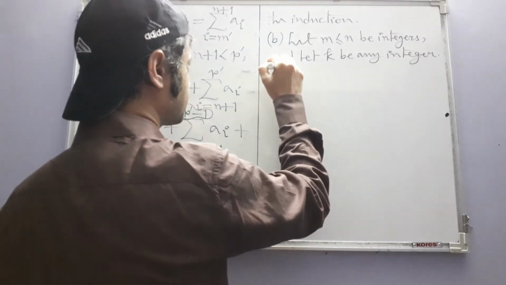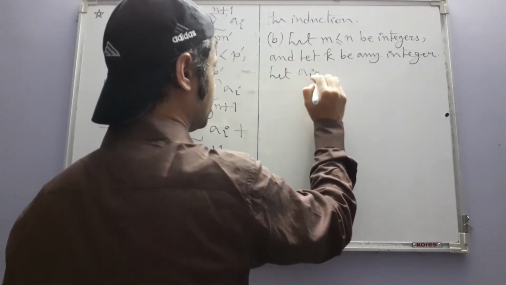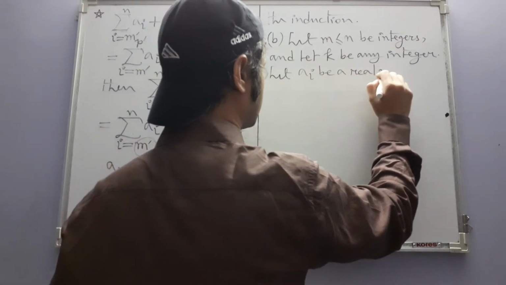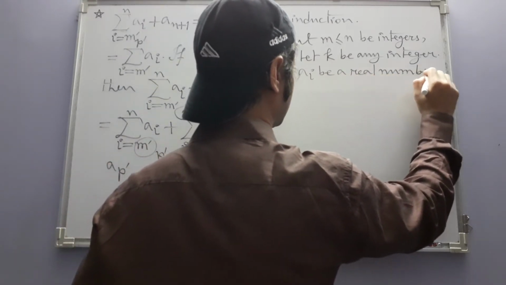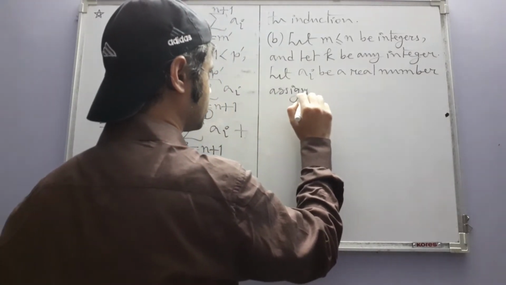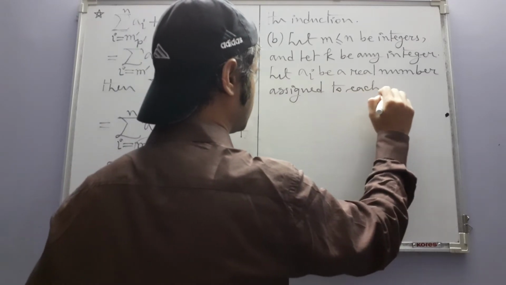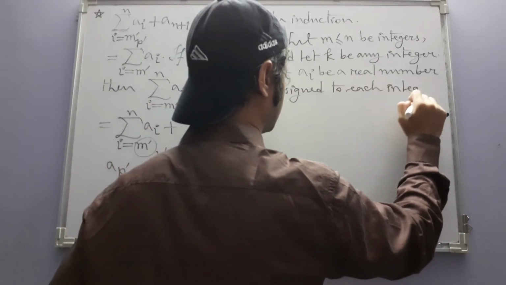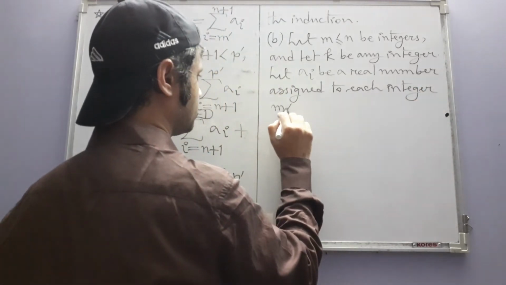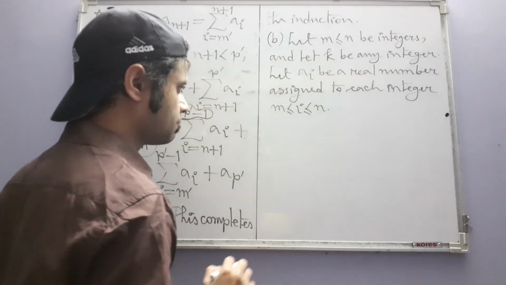Let a_i be a real number assigned to each integer i lying between m and n in this way.